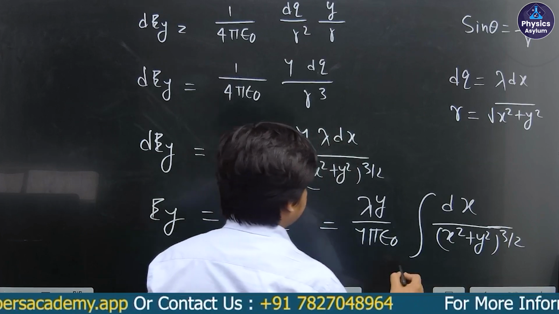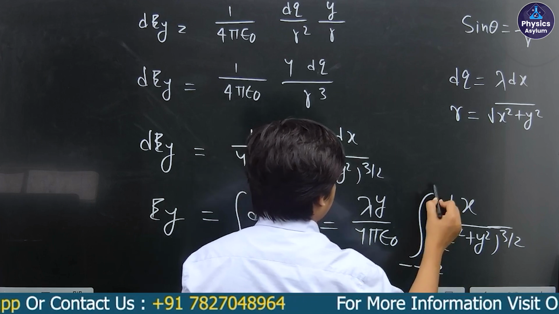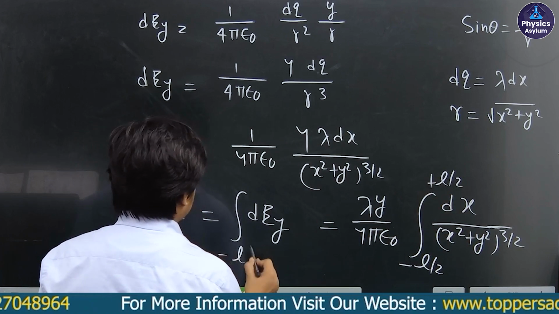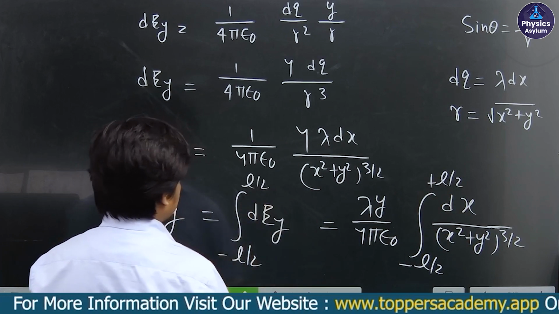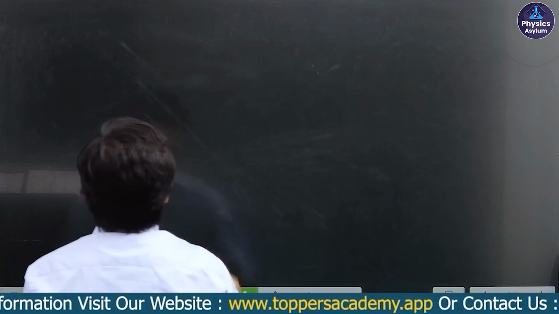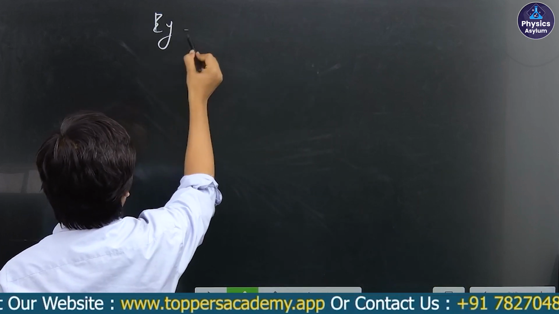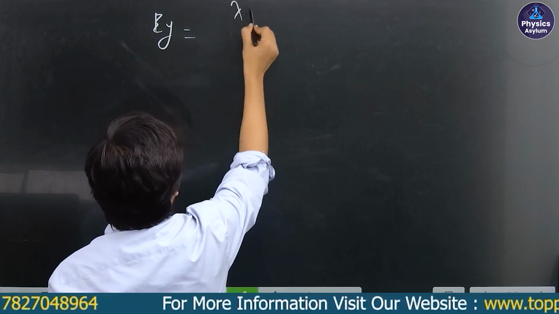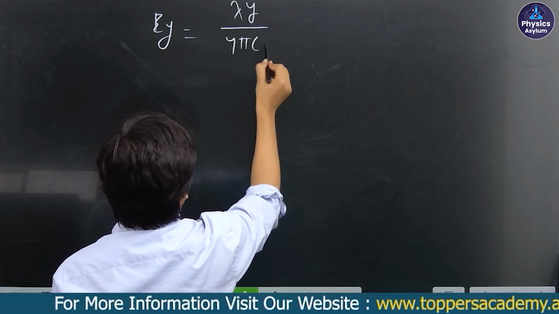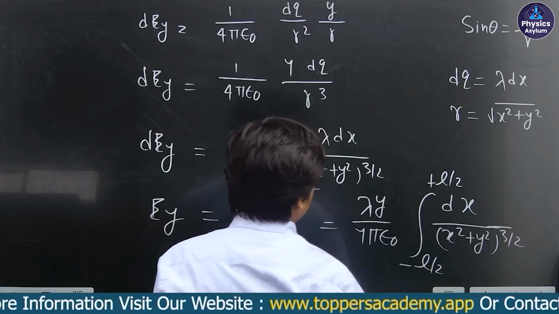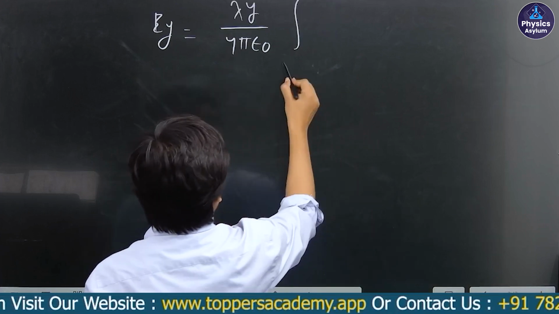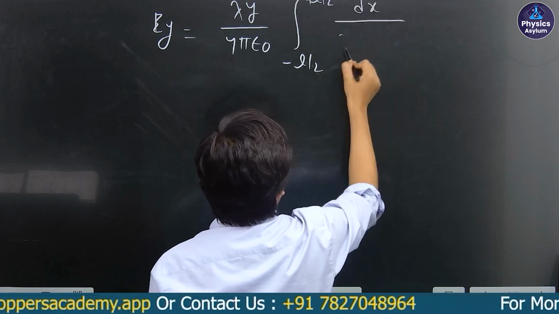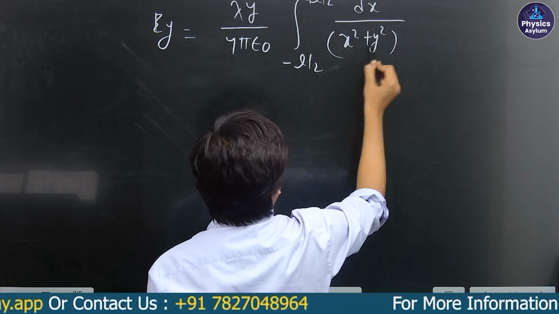So this Ey will be equal to lambda y divided by 4 pi epsilon naught, integral from minus L by 2 to plus L by 2 of dx divided by x square plus y square raised to the power 3 by 2.